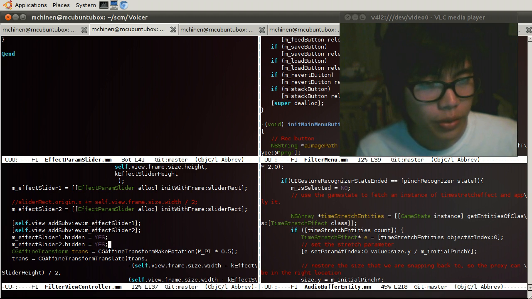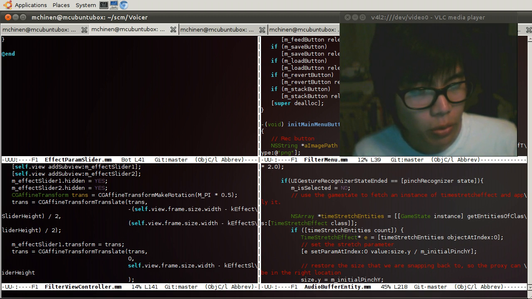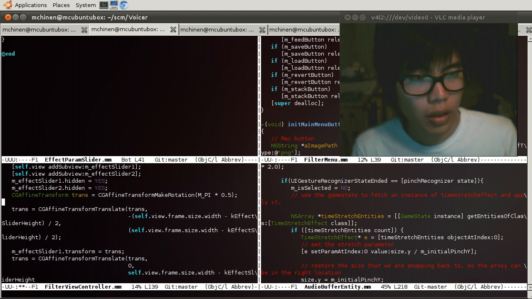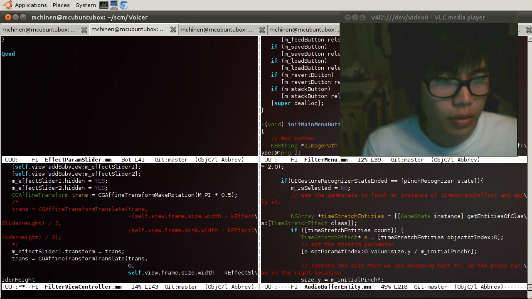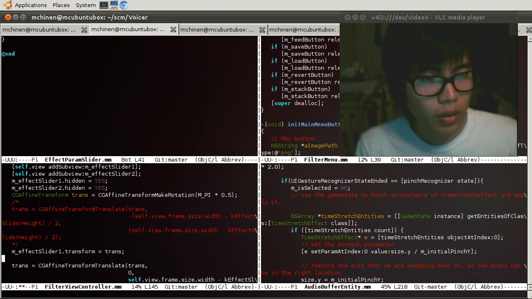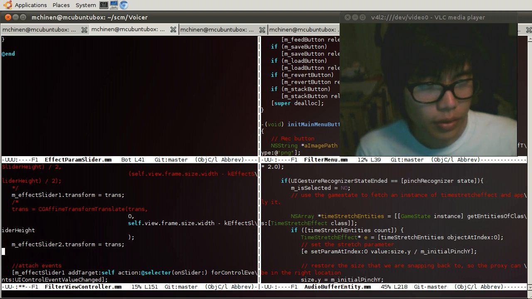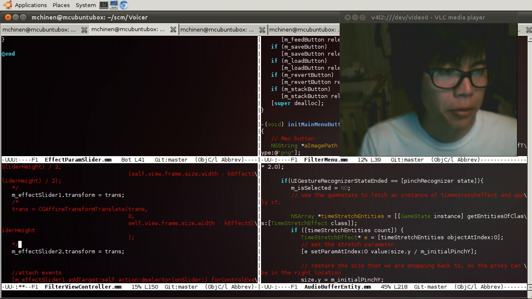Okay, so make a rotation and don't do anything else to it. I'm going to just draw these two overlapping.